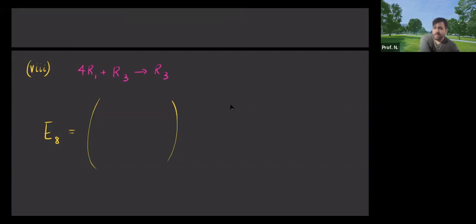They're called elementary. Taking the first row of a matrix, multiplying it by 4, and adding that to the third row of the same matrix, and then making that the new row. So how would we do that?